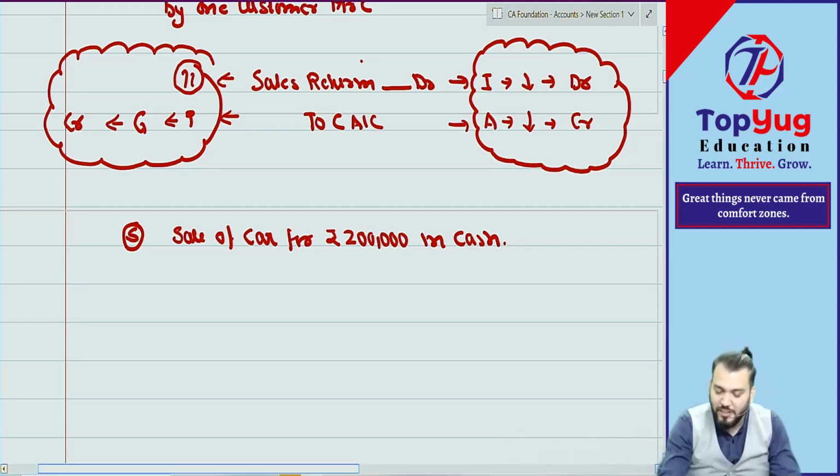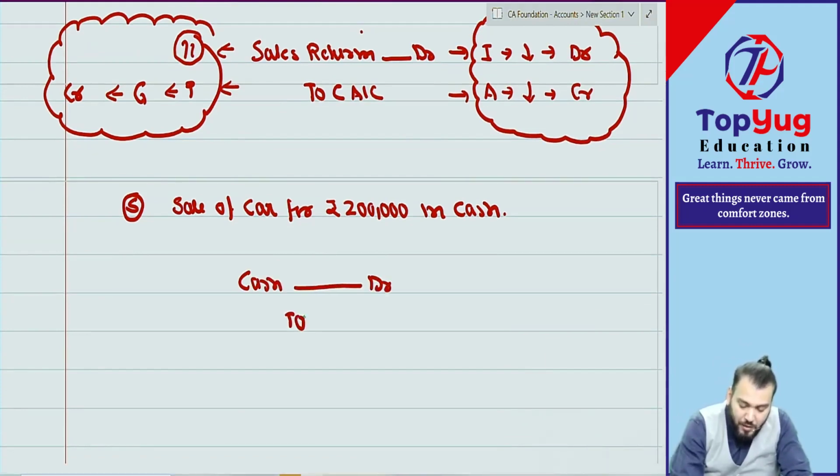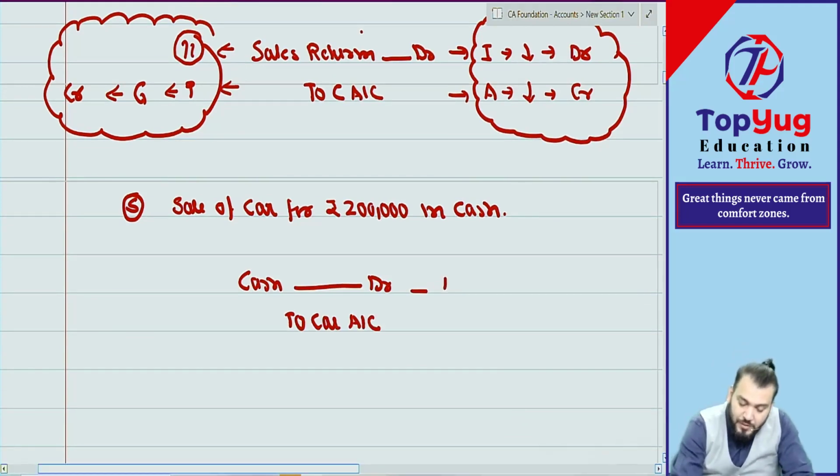What you have done? What are two aspects? Cash and car. Cash account debit to car account. All have done this. So the cash is what? Asset. Increase in asset will be debited. Car is what? Asset. Decrease in asset will be credited.